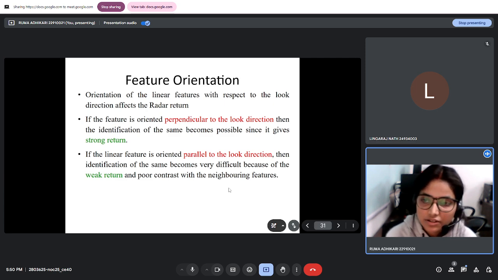So if the feature is oriented perpendicular to the look direction, then identification of the same becomes possible since it gives a strong return. And if the linear feature is oriented parallel to the look direction, then identification becomes very difficult because of the weak return and poor contrast with the neighboring features.